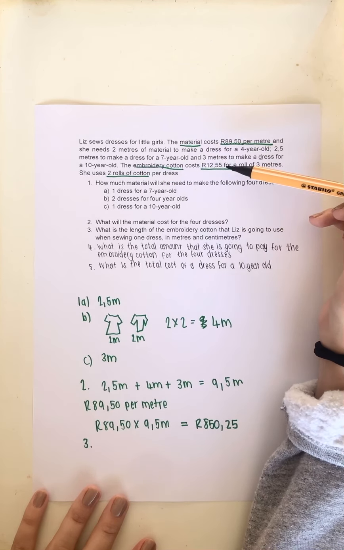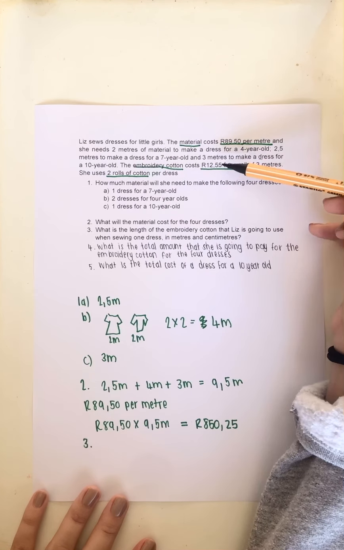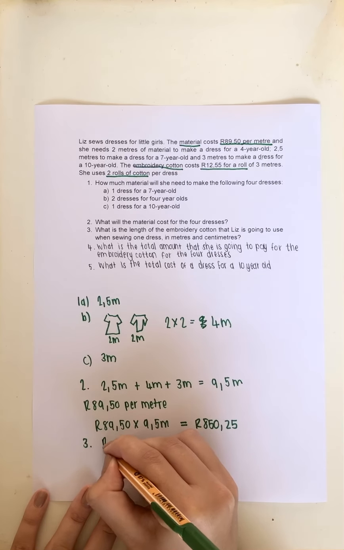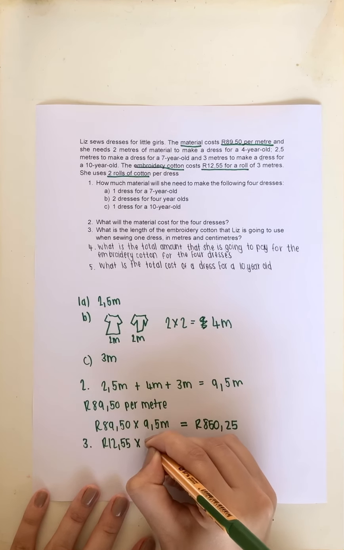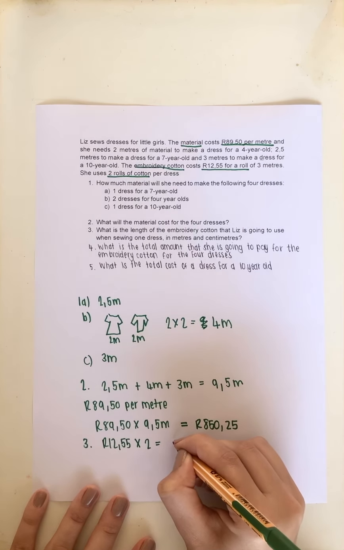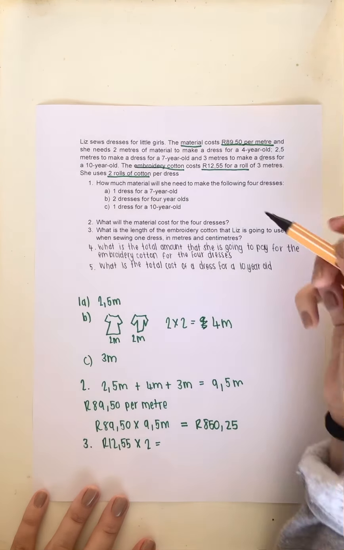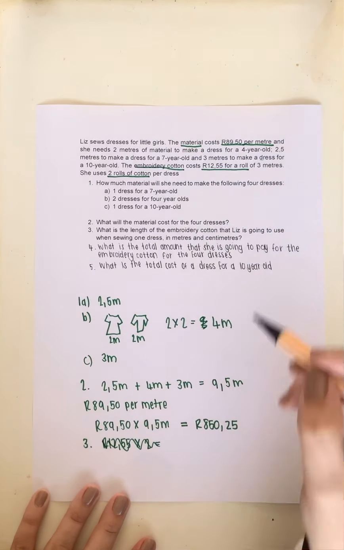So for one dress, she needs 2 rolls, and each one costs 12 Rand 55, so we times it by 2. And we get, oh, they just asked how many rolls. They're not asking for the cost, sorry.